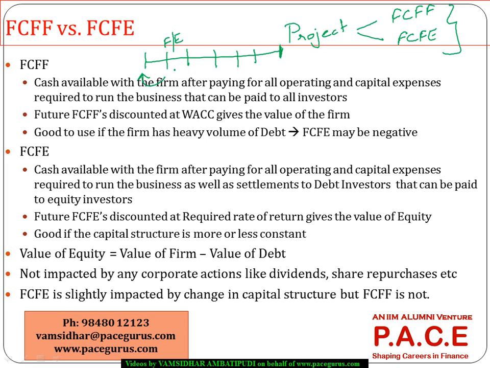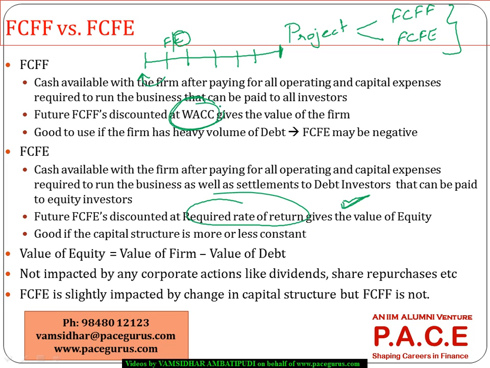For discounting, if I am projecting FCFEs, then I will discount them with the required rate of return on equity, because this is the return that is expected only by equity investors. If I am projecting FCFFs, I will discount them with the weighted average cost of capital.